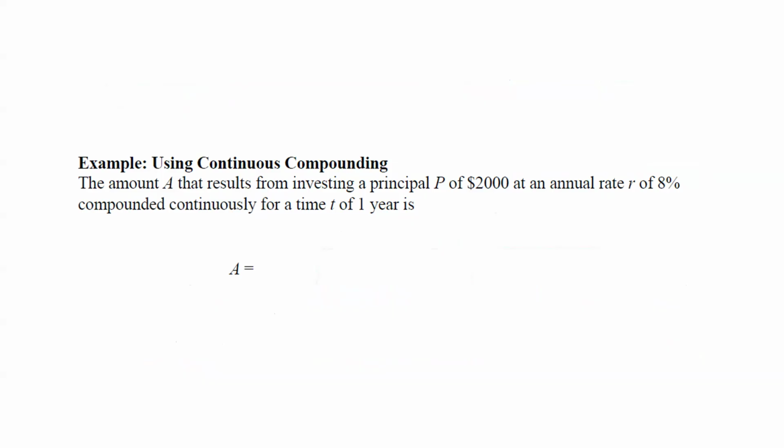Okay. So in our example, the amount A that results from investing a principal P of $2,000 at an annual interest rate of 8% compounded continuously for a time T of 1 year is, well, first we need to state what is given to us. What in our problem do we already know? Well, we know P is 2,000. That's our principal.